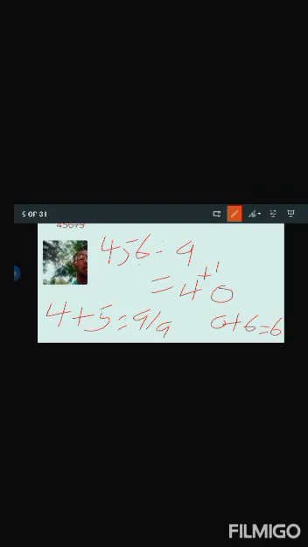So 9 cannot go, so it is 0.666. So our final answer is going to be 4 plus 1, which is 5. Then drop your 0.6666 like that. So it's going to be 50.6666.